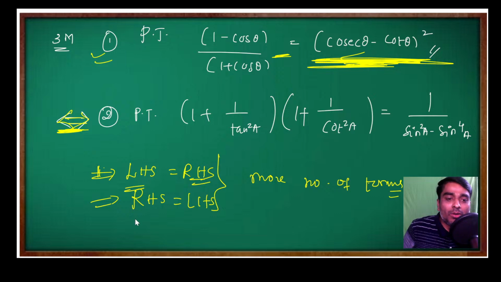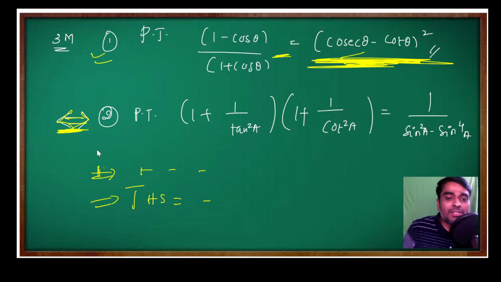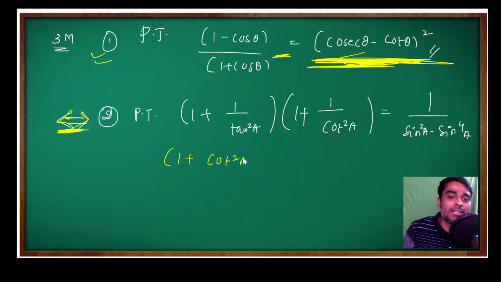Okay. Now we'll take this now. How will you do this? Here, where are the more terms, left side or right side? Left side. So start from left only. Can I write this as 1 plus cot square A? Can I write this as 1 plus tan square A? Can I write this as cosecant square A?